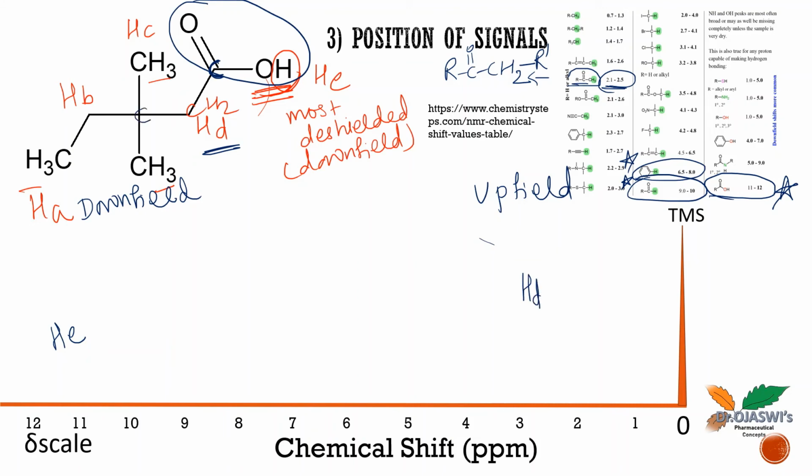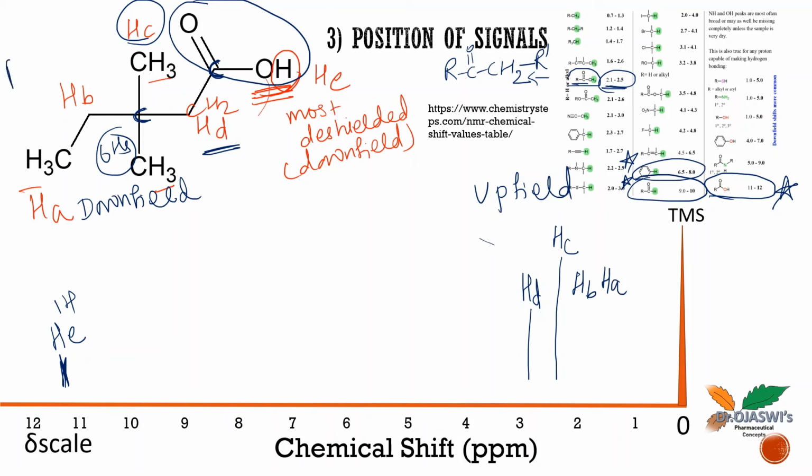Then we have this carbon, on this carbon there is no hydrogen, then we have these 6 hydrogens which we are referring to as Hc. So next the Hc peak would appear. This is one hydrogen, so I have kept very less height here. Then Hd, and the longest height for Hc I have kept, as this is 6 hydrogens. Then after that Hb will appear, and after that Ha will appear, because Ha is very far from the carbonyl group.